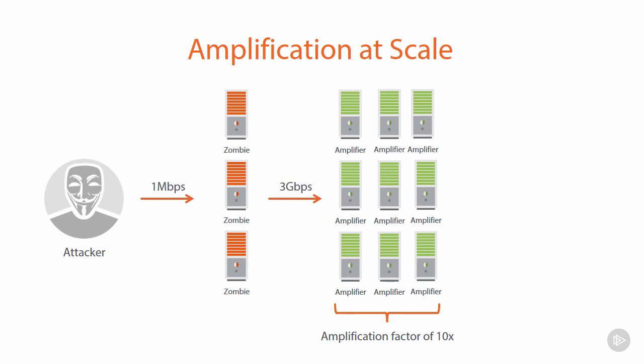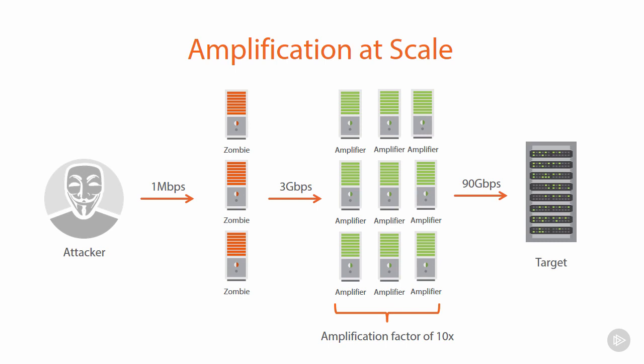Now what this means is a request can come in that's very small, say it's 100 bytes, but the response is very large. A factor of 10 would mean it's going to be 1,000 bytes. Now because we've got that factor of 10, and you've got 9 machines here, all receiving 1 gigabit a second, the amplification is going to result in a 90 gigabit a second attack against the target.